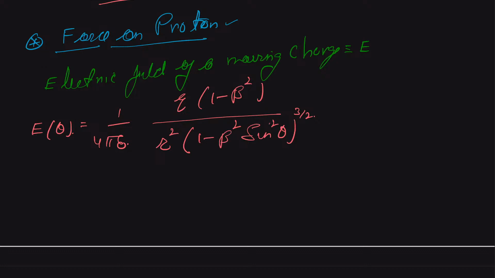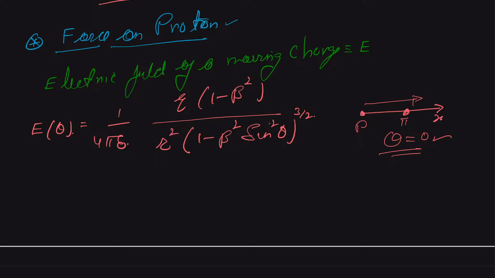So we know that our motion is along our x-axis. So the value of theta in this case will be equal to 0, because the proton is also lying on the x-axis, and this is a proton and this is a pion. Both are along the x-axis. So the value of theta is equal to 0.